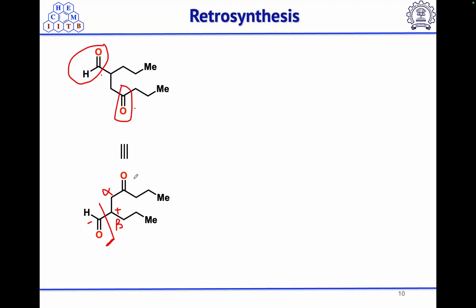So basically we can think about an alpha,beta-unsaturated compound, and for the other part we can think about umpolung chemistry. So this alpha,beta-unsaturated compound is the synthetic equivalent for the acceptor synthon, right? And what will be the synthetic equivalent for this donor synthon? Same nitromethane, which we already discussed in the last slide, right? So very interesting example.